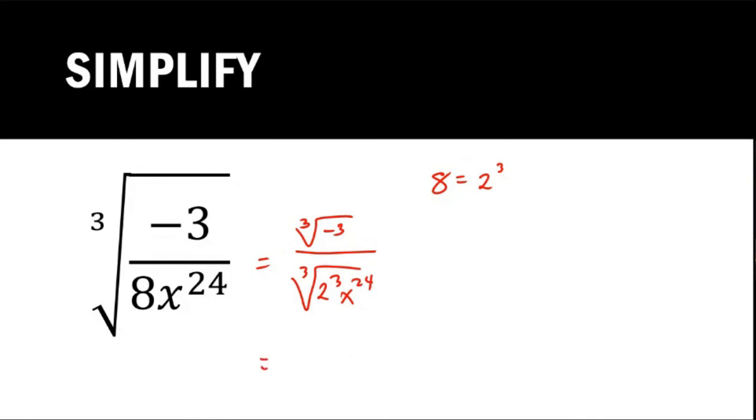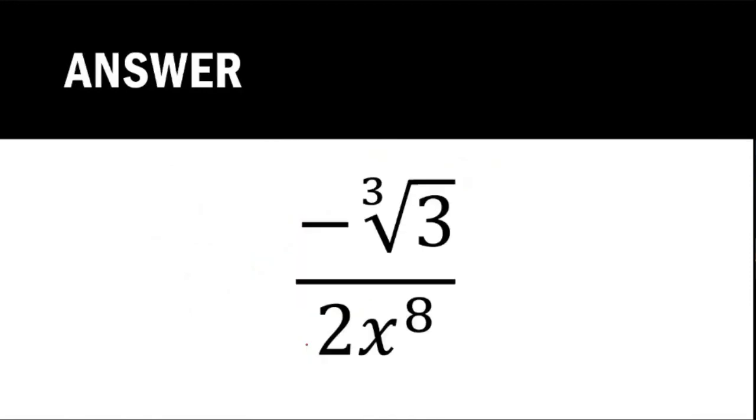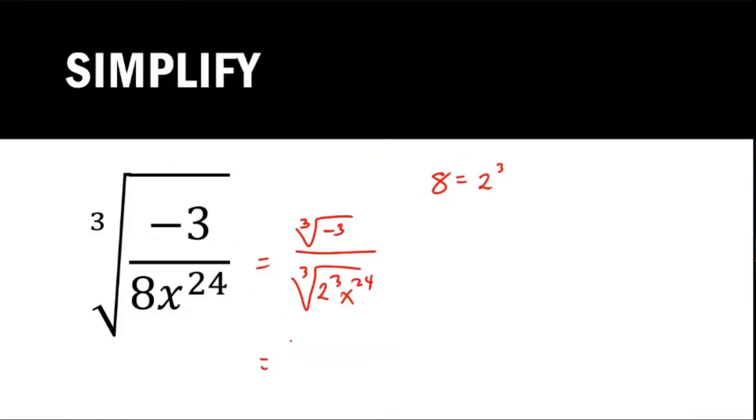Now it will be the cube root of negative 3 all over, 3 divided by 3 is 1, so that will be 2. 24 divided by 3 is 8. So x raised to 8.